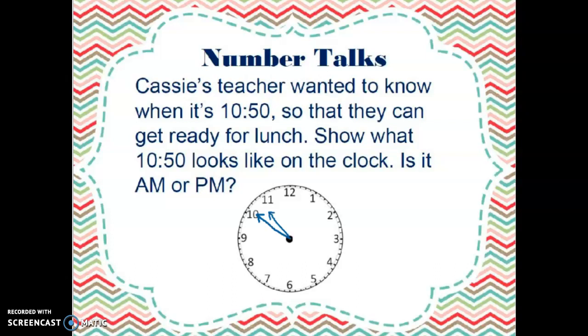Alright guys, if you look at my clock, I have 10:50 on my clock. If you look at my hour hand right here, the shorter hand, it's between the 10 and the 11. You can see that it's slightly closer to the 11 because our hand is moving towards the 11.